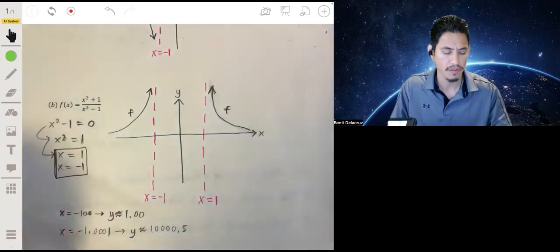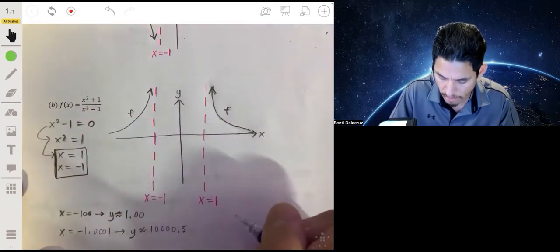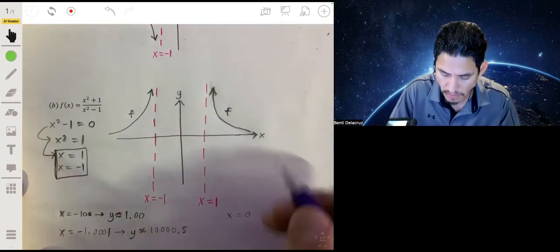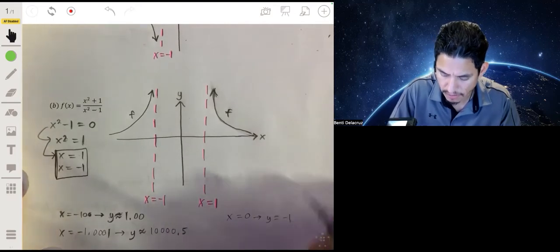Now, what about the middle? Again, you could just plug in some values. If we plug in x equals 0, we would get 1 over -1, so y equals -1.